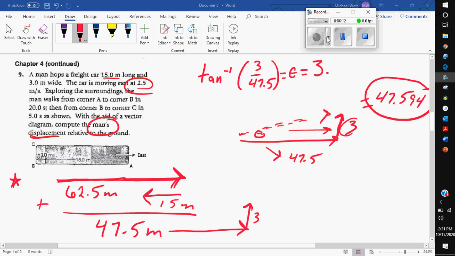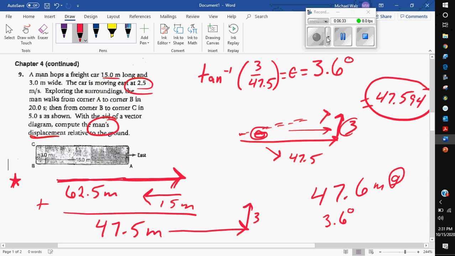We're getting about 3.6 degrees. Now, that's still not good enough, right? So your answer is going to be 47.6 meters at 3.6 degrees. But now you have to say where that is. How would you label that angle?